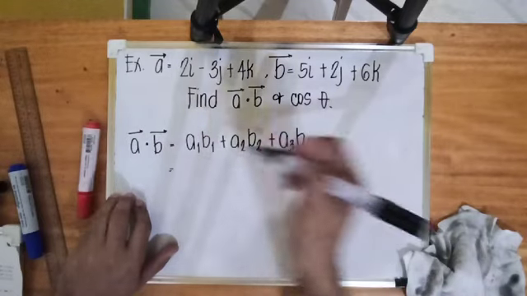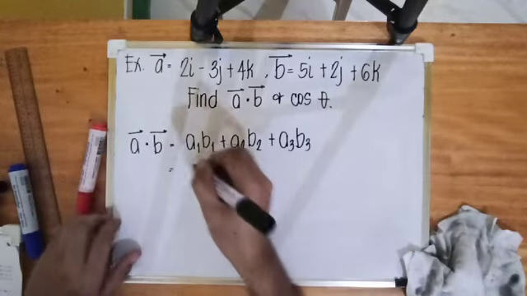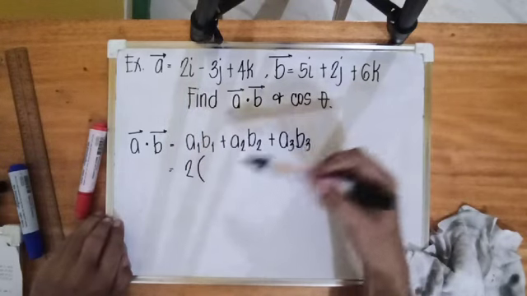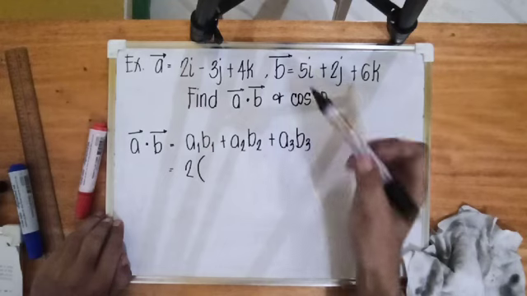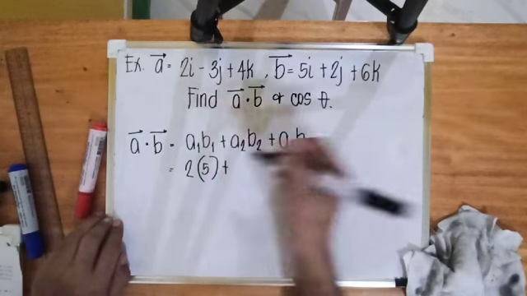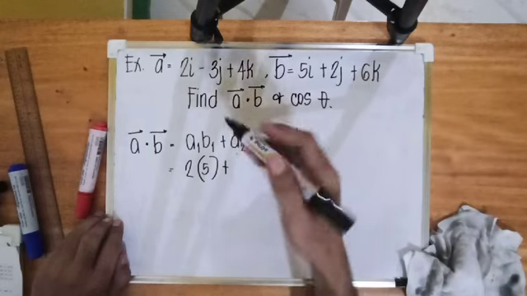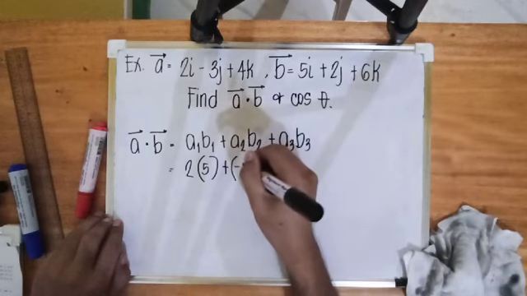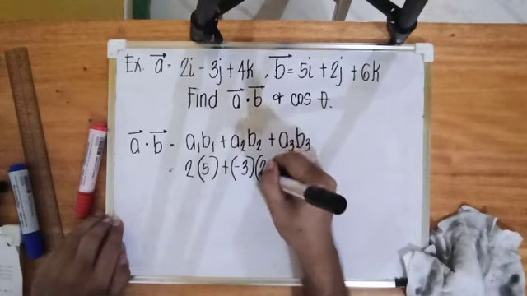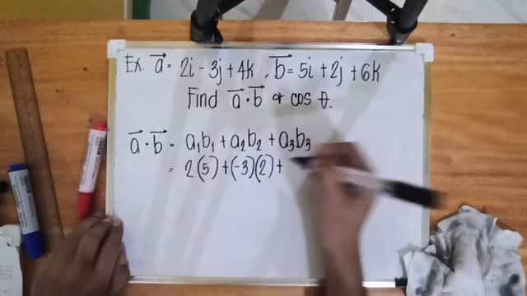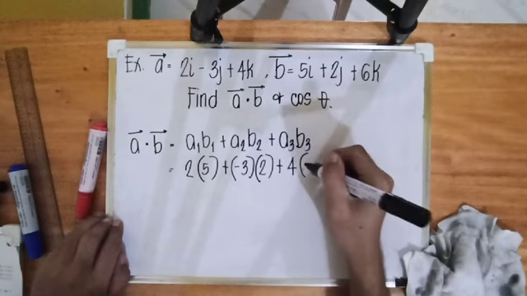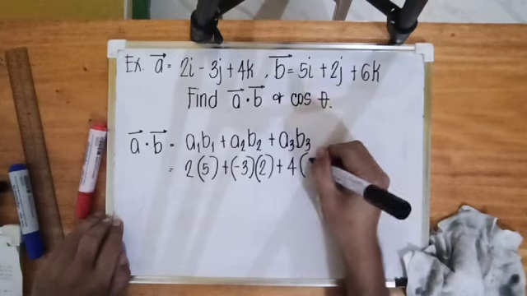So the value of our A1 is 2 times the value of our B1 for the vector B, which is 5, plus A2, negative 3, then B2, which is 2, plus A3, 4, times 6, our B3.